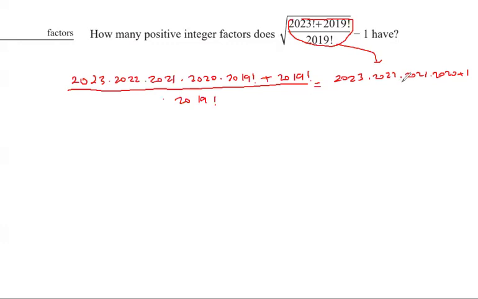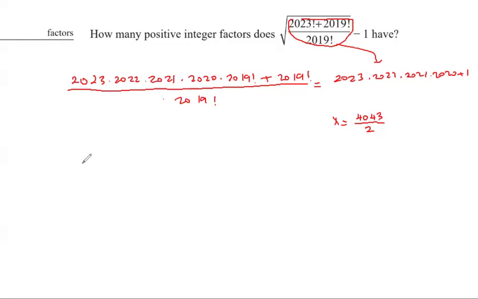So I can just choose the substitution as the number in between these two, which is going to be 2022.5, or I can write it as 4045 over 2, okay? So if this is my x, which is 0.5 bigger than this, 0.5 smaller than this, and then 1.5 bigger than this, and 1.5 smaller than this.